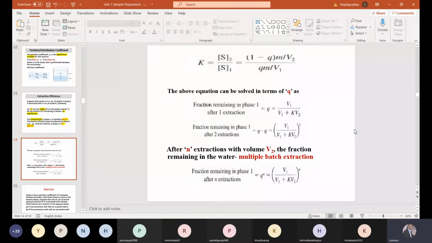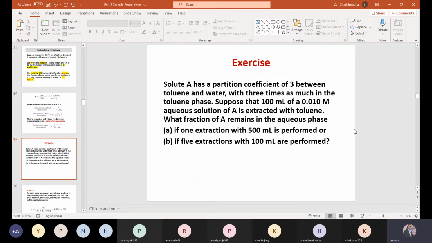So efficiency can be assessed when we do the extraction once or when we do multiple batch extractions. This is what we understand through these expressions or formulas.